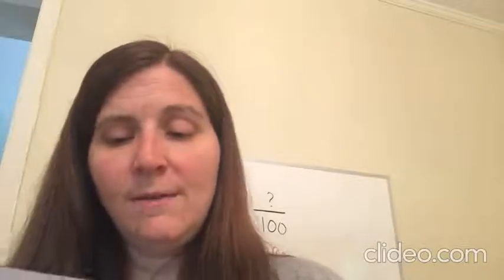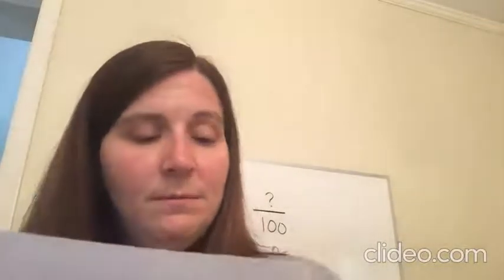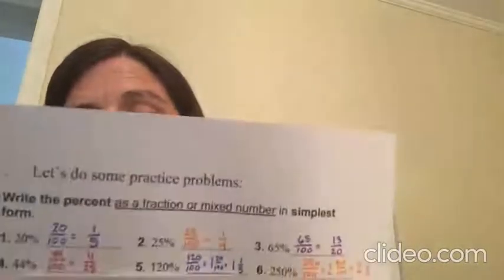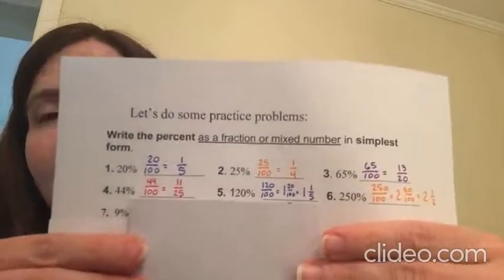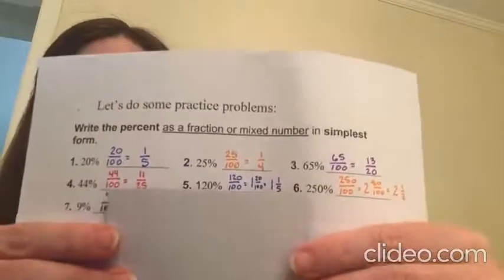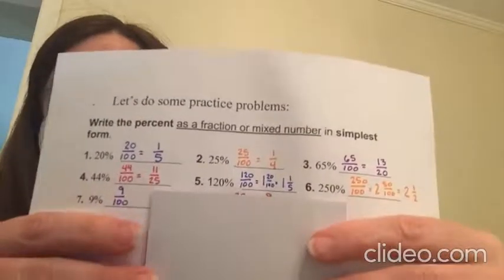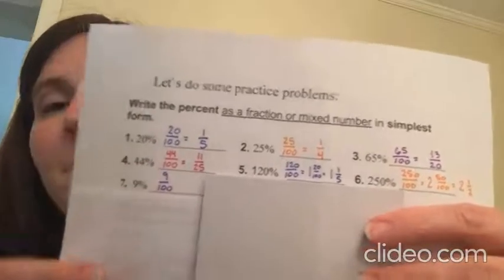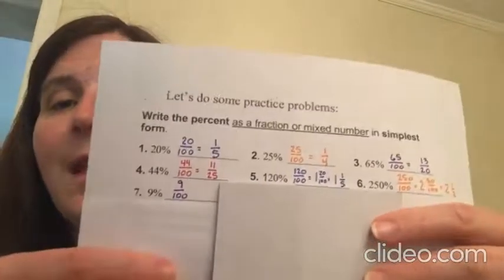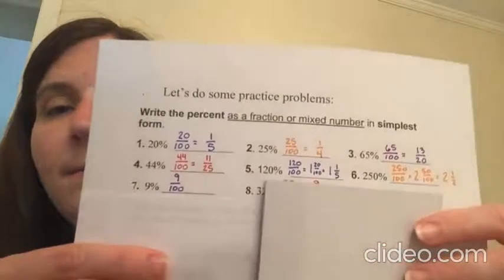We have number 7 and number 8 left. So, number 7, we have 9%. To write that fraction, we say 9 over 100. Those two numbers can't be divided by the same thing, so that is where it finishes.